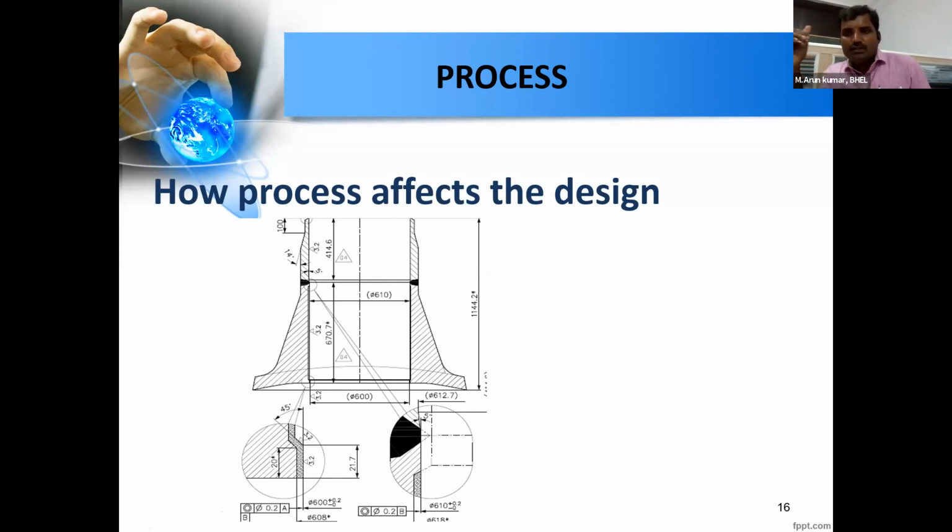As per code, minimum 5 mm cladding is required. But we have developed some weld techniques, and we could get the austenitic stainless steel chemistry at 4 mm thickness of the weld joint, or 4 mm thickness of cladding.